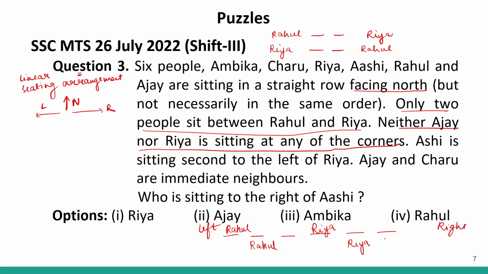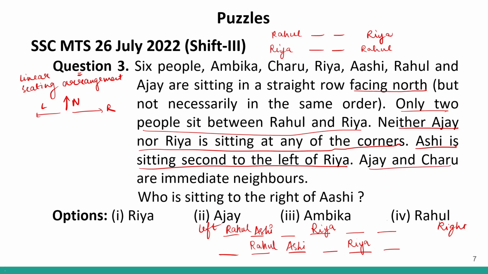Now Riya cannot be at the ends, so these are the 2 possibilities that we can continue with. Ashi is sitting second to the left of Riya. So Ashi will sit in this position, and in this case, Ashi will sit in this position.